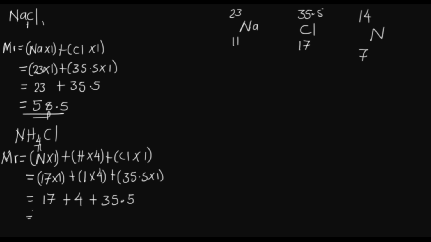So now we can add 14 plus 4 plus 35.5, we get 53.5. So this is also another relative formula mass, because ammonium chloride is an ionic compound. Okay, now let's move on.